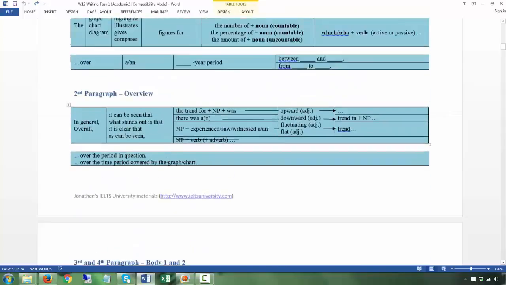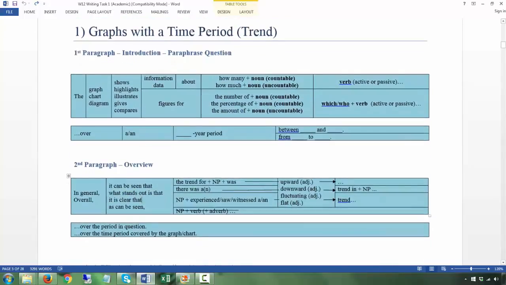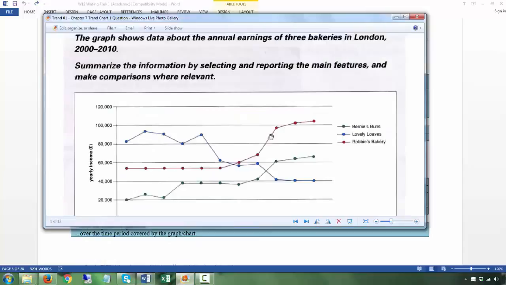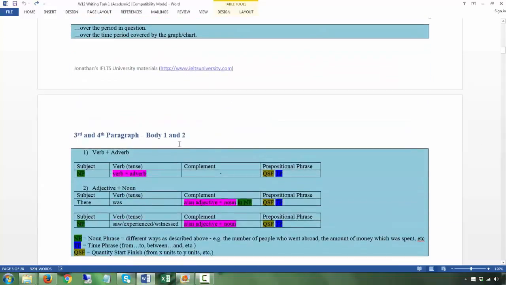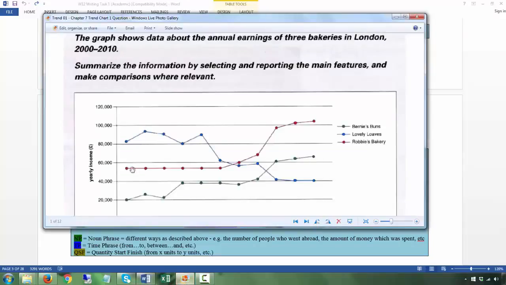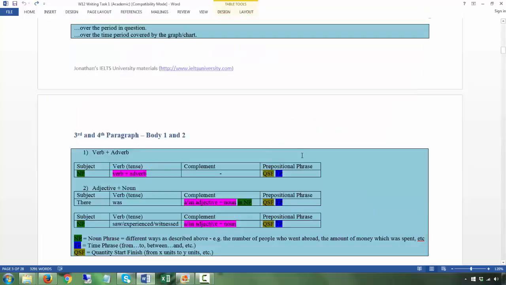Just as in the overview, when you are writing the body paragraphs, you may be writing a lot about how there was a period of stability, then an increase or decrease or fluctuation. You are talking about changes over time.